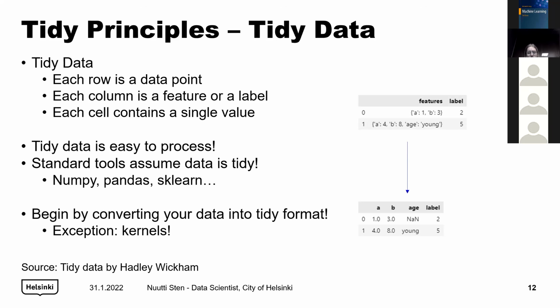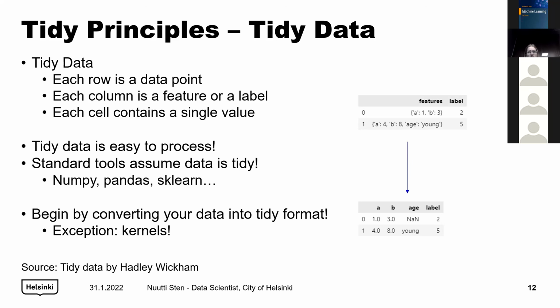This might sound simple, but in practice it's a common mistake to take in some data in a very weird format, and then it's really hard because we have to pass it to different functions, and if they don't handle the data in the same format, it's easy to get very messy output.